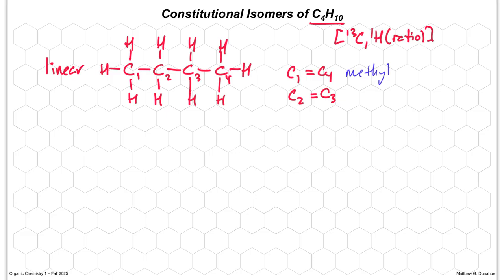Carbons 2 and 3 have 2 attached protons, and they're called methylene. Apologize for my sloppy handwriting. So methylene.